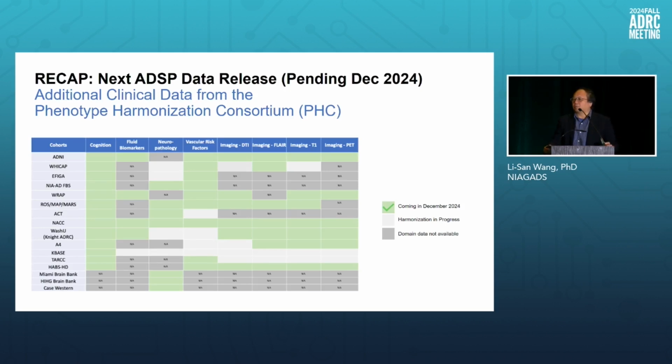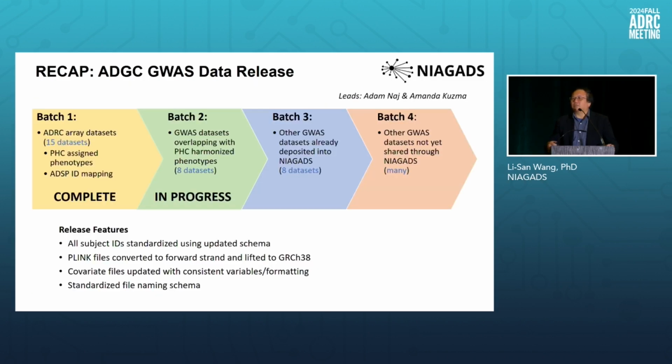There are additional harmonized clinical phenotypes that are going to add great value to all these resources. And we continue to generate SNP array data. All the ADGC genotype data for ADRCs are available on NIAGADS, and you can use one data access request to request all these data together with the sequencing data.